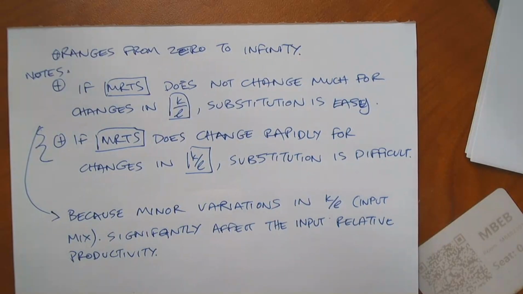You make these small adjustments, and then you see a significant effect on the input relative productivity, which is expressed by the MRTS, the ratio of the marginal products. If there is a significant effect, then the substitution is difficult.